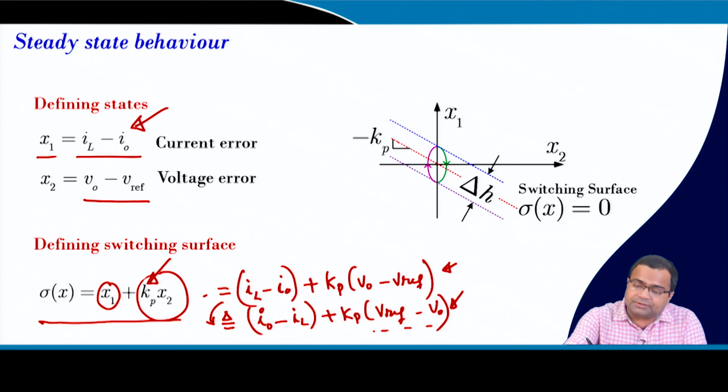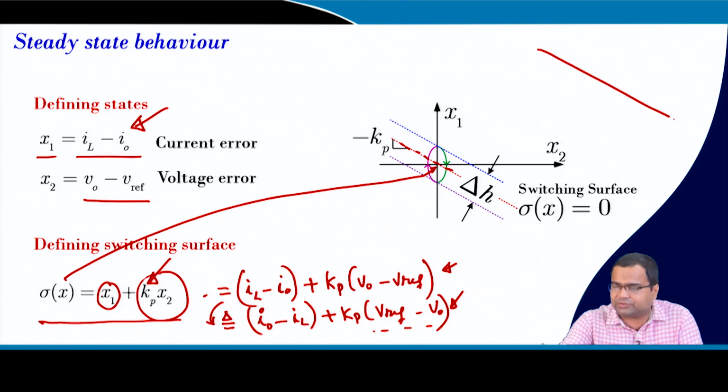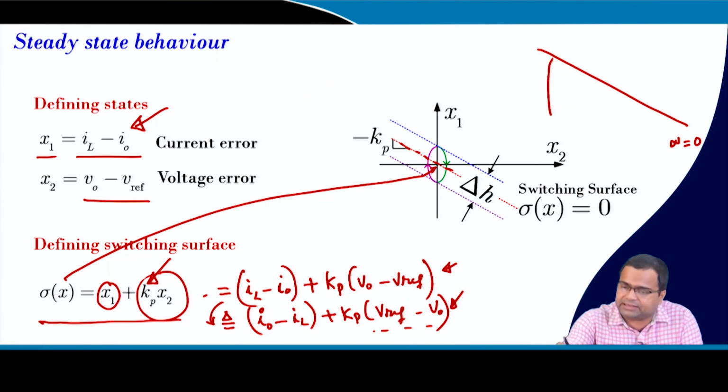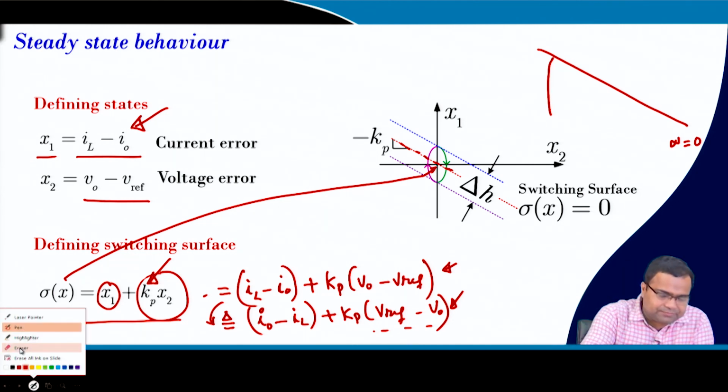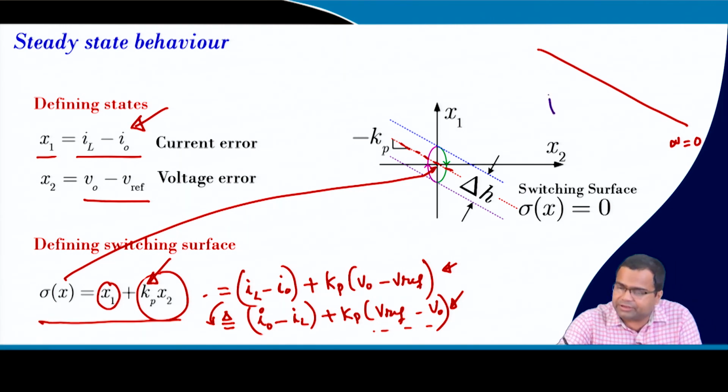Now, the red one is the one which is represented by this surface. If we use this surface and design the control law in such a way, this is my switching logic, sigma equal to 0, and we force the trajectory to reach there, and once you cross it, then you come back here.